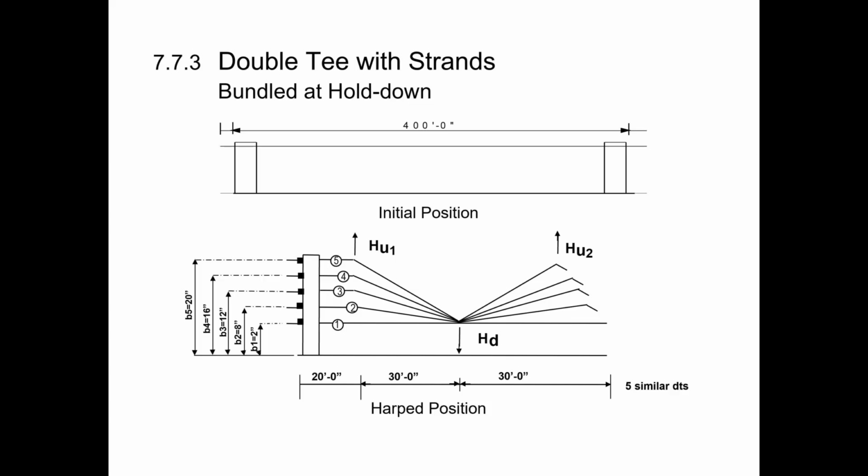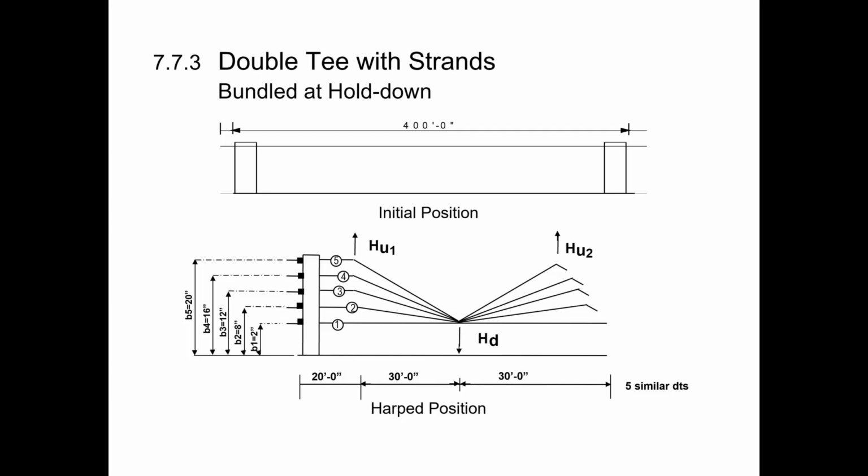All right, so a little clarification on the diagram. You can see there that at the end of the bed, the strands are numbered and they're spaced out, and the spacings are shown B1, B2, B3, B4, B5. And then those spacings are given there in the middle of the page.